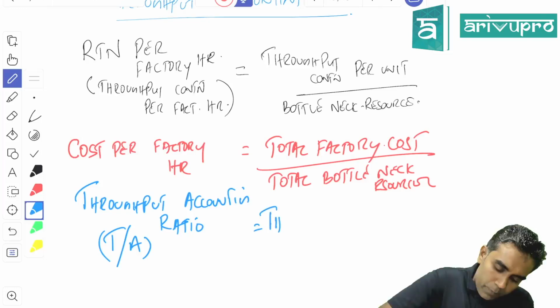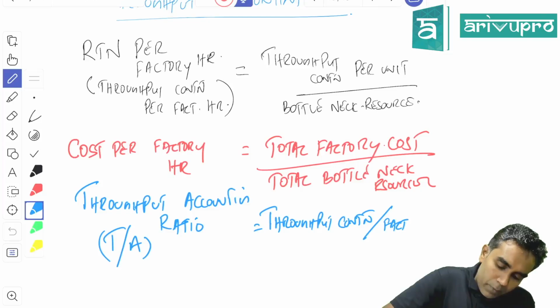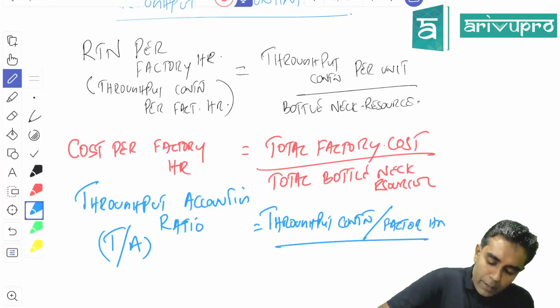Throughput contribution per factory hour divided by cost per factory hour.